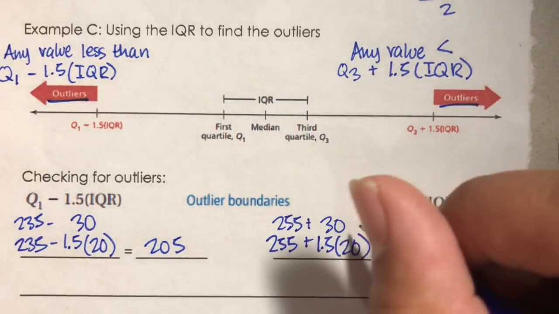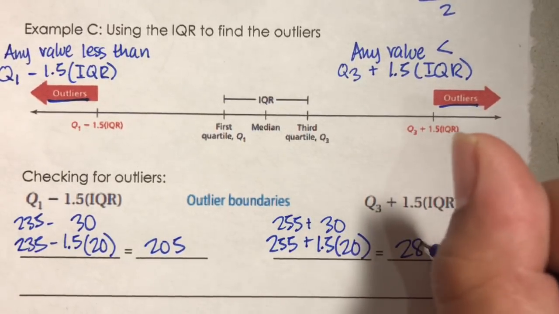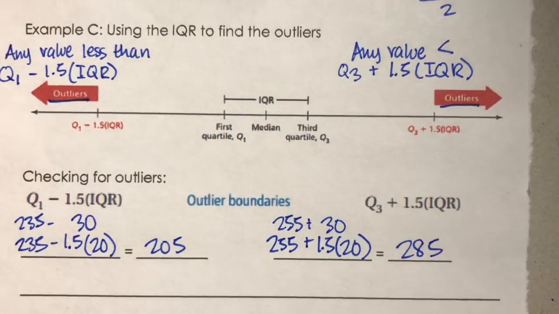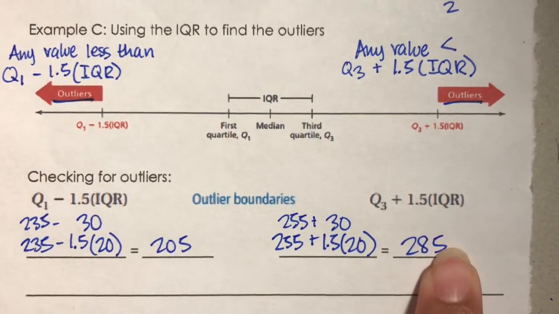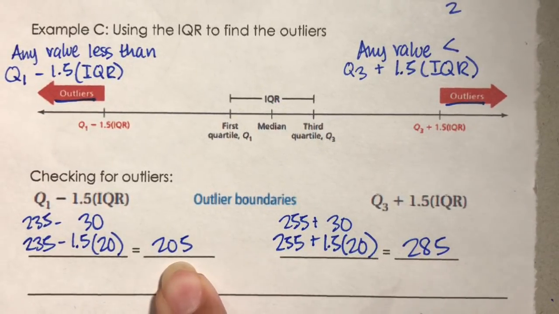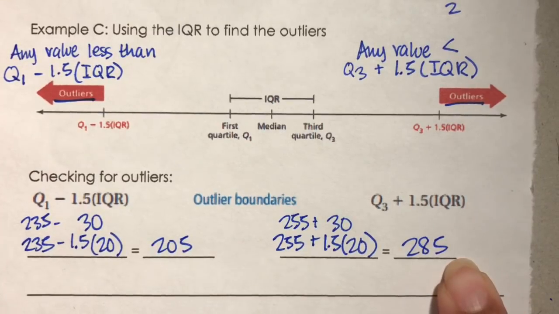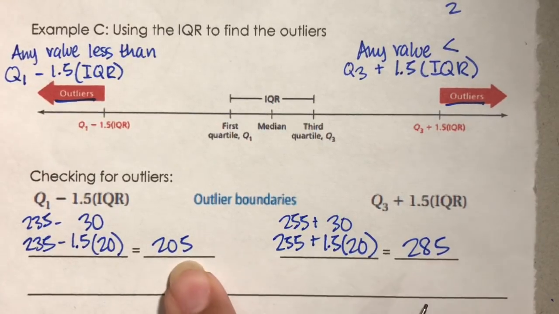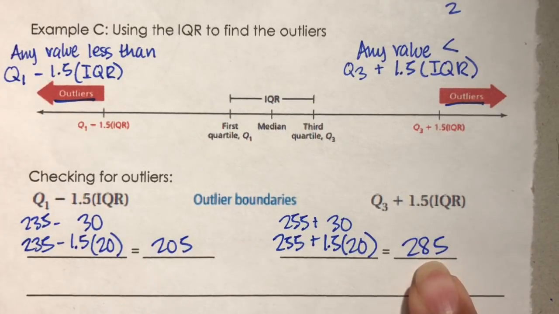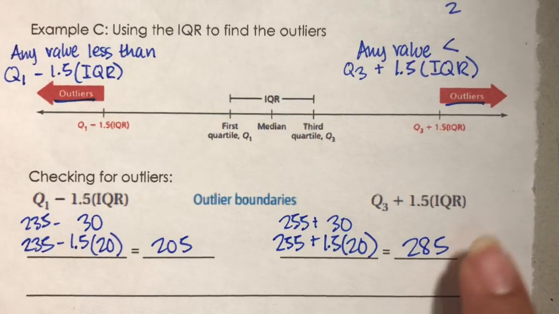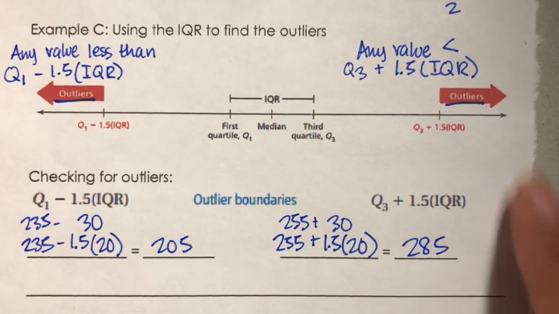So 255 plus 30 equals 285. Okay, so based on these numbers, we need to see, is there any number that is less than 205, and is there any number greater than 285? If there's any number less than 205, then that would be considered an outlier. If there's any number greater than 285, it's also going to be an outlier.